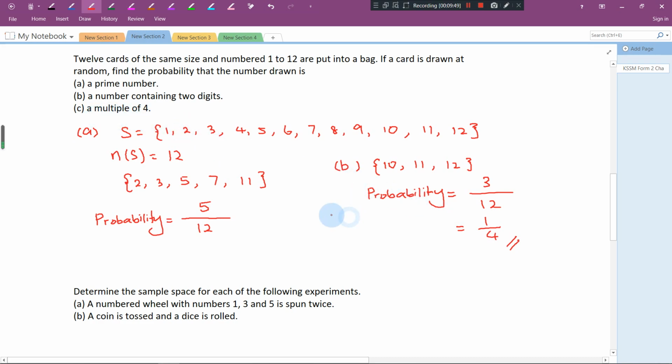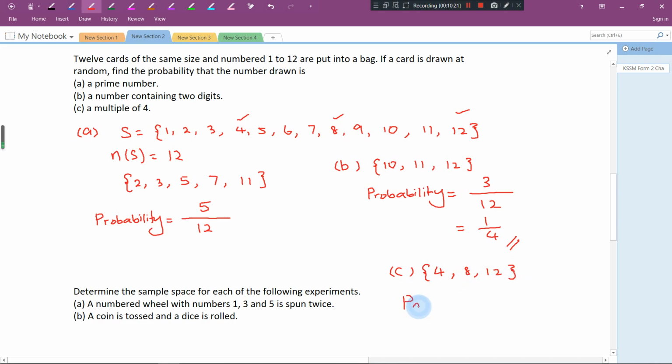Okay, we have one more over here, multiple of 4. Same thing, I need to find the multiples of 4 from the sample space first. So we have 1 times 4 equal to 4, 2 times 4 equal to 8, 3 times 4 equal to 12, 4 times 4 equal to 16, but we don't have 16 over here, so we only have 3 multiples of 4, which are 4, 8, and 12.